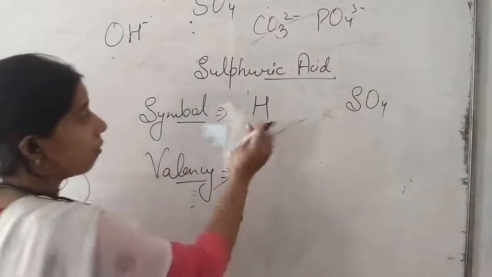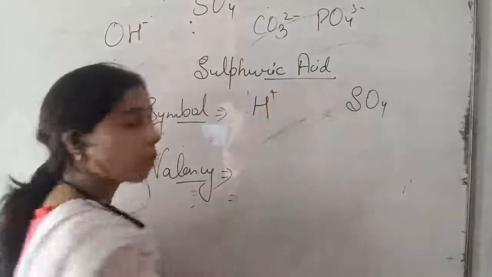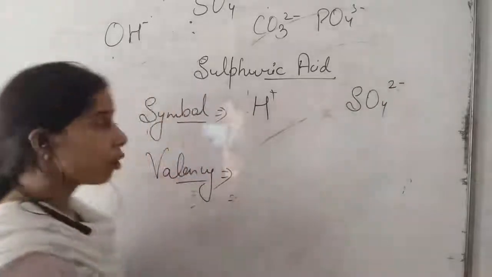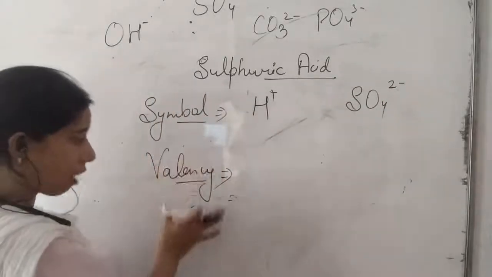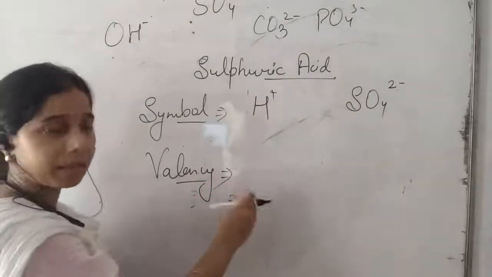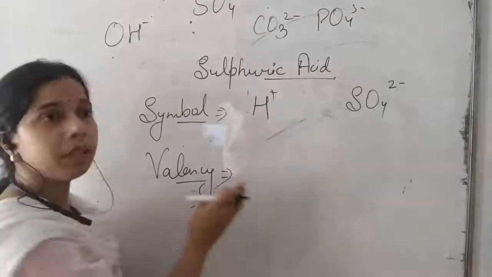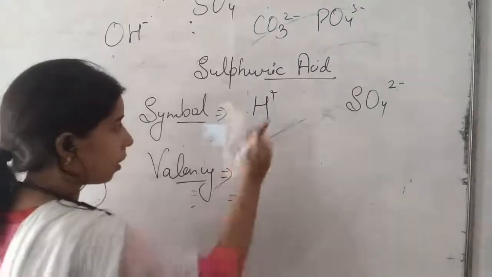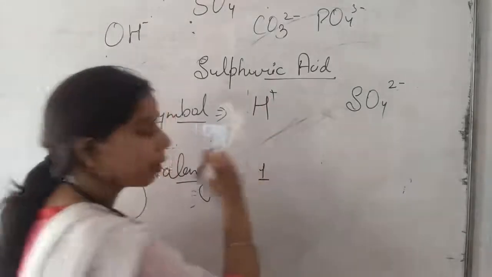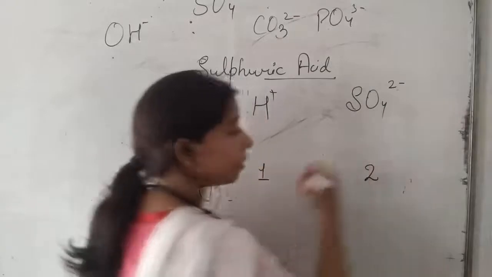The charge of the hydrogen ion is +1 and that of the sulfate is -2. So you can either write here the charges and after that the valency, or simply by looking at the charge you can write the valency. Whatever the charge is present in that particular ion, that will be the valency of the ion. Now see here, the charge here is +1, so the valency will be 1. Sulfate is -2, so the valency will be 2.